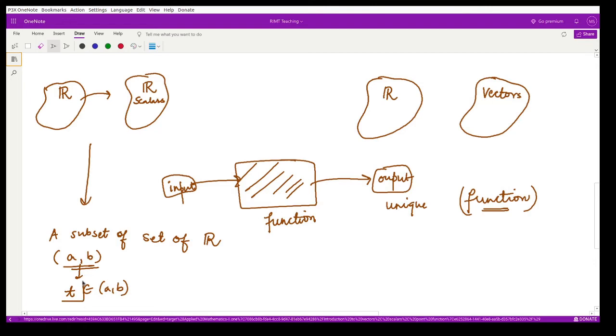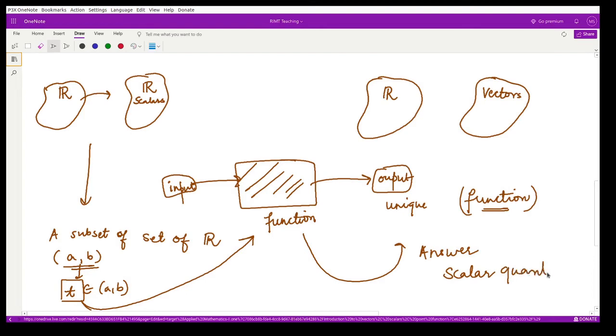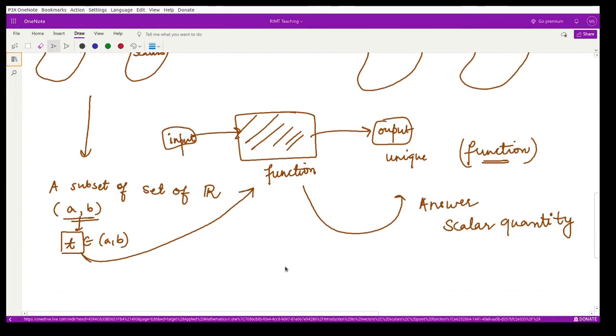That means you are just taking one simple number, then you are inputting that number to this function over here. Whatever is the answer in this case, the output here is a scalar quantity. So whenever you are inputting a scalar, you are obtaining a scalar. So that represents a scalar function.